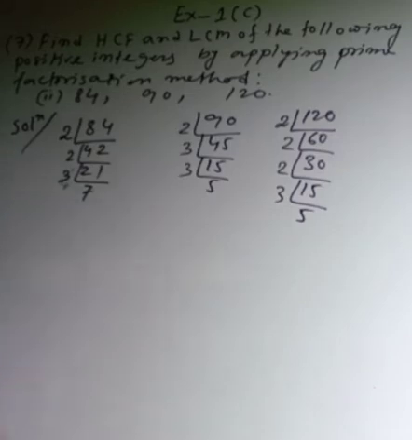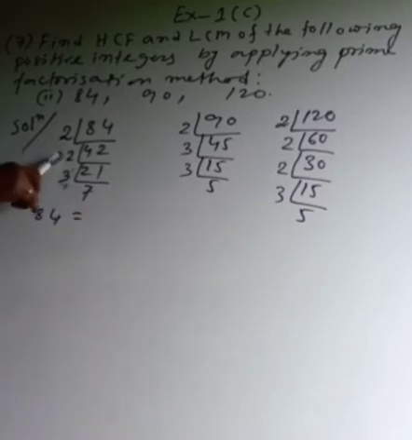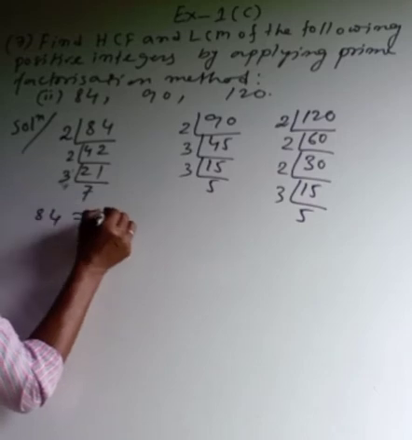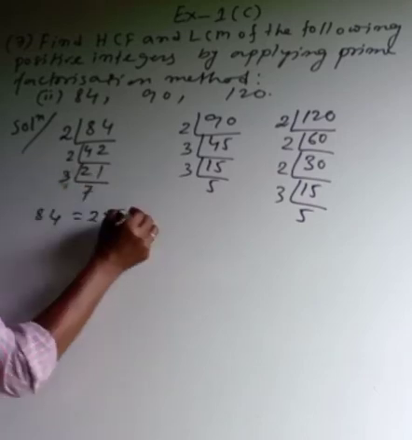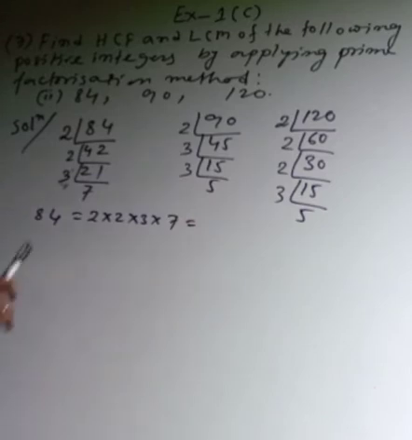So against the 84, what we can write? We can write 2 into 2 into 3 into 7.